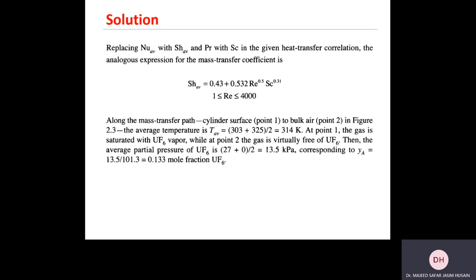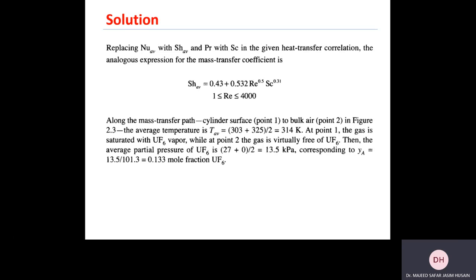So the first step is that you will replace the Nusselt with Sherwood. So the same equation, we just replace the Nusselt with Sherwood. Reynolds stays the same, and the Prandtl will be replaced by Schmidt number. So now you get the equation, which is Sherwood as a function of Reynolds and Schmidt.